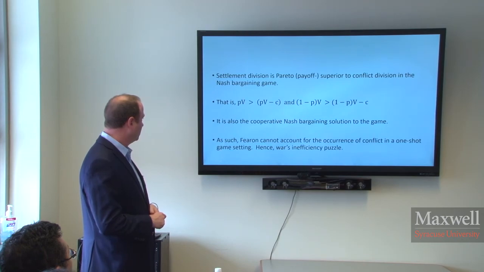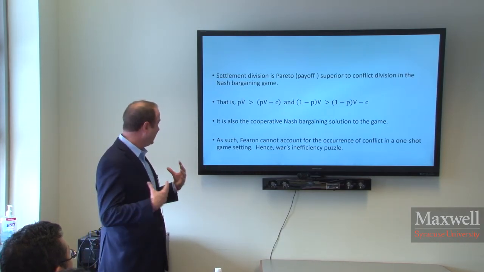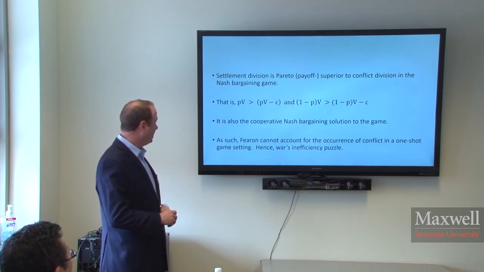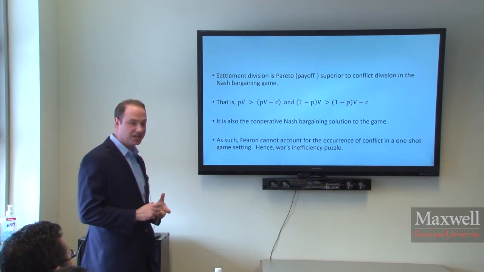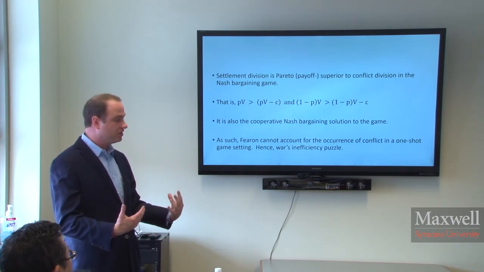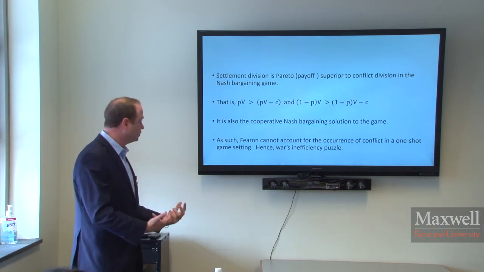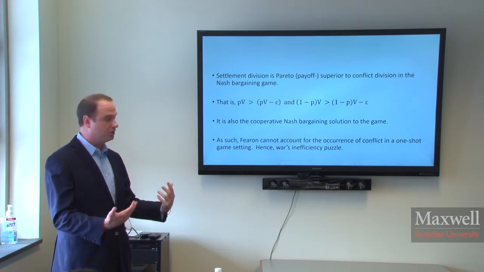Settlement is not only preferred, but it is, as Fearon shows, the cooperative Nash bargaining solution to the game. So if cooperative game theory can be used in a conflict setting, then the solution is settlement.